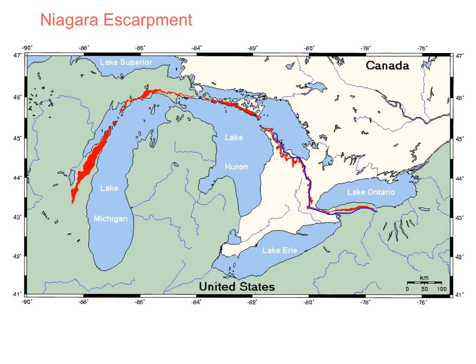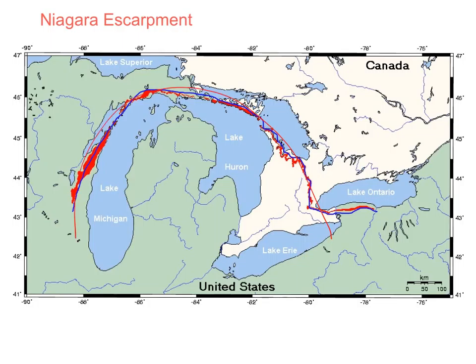It forms the Bruce Peninsula, Manitoulin Island, all the way over into Michigan, and then right across to the western side of Lake Michigan. If you notice, it is circular in shape.